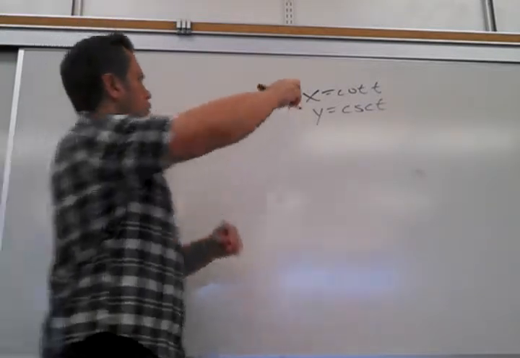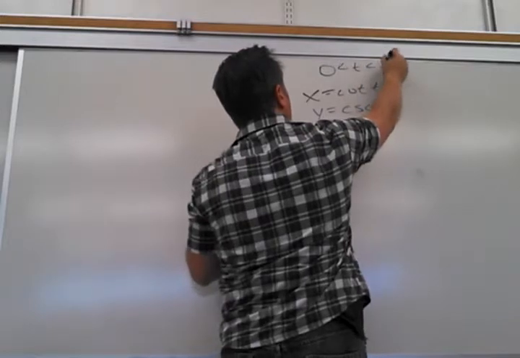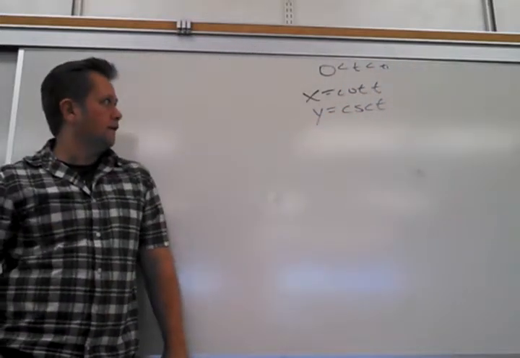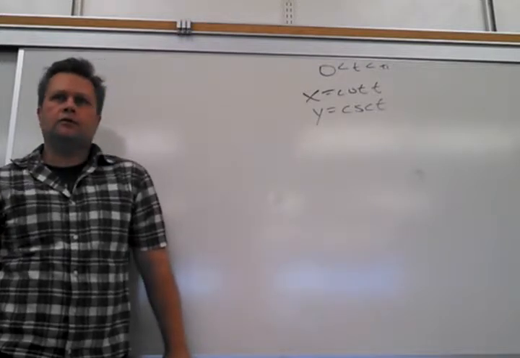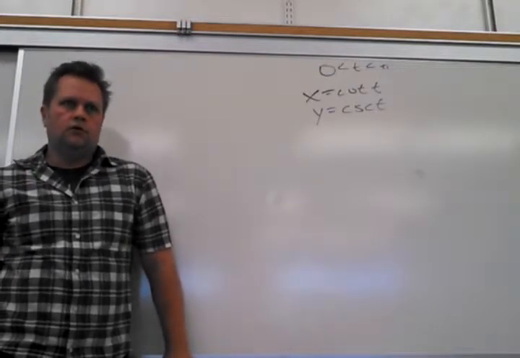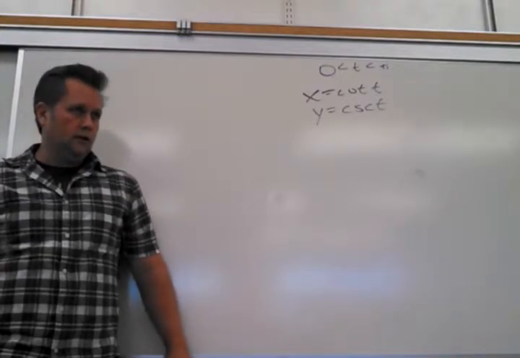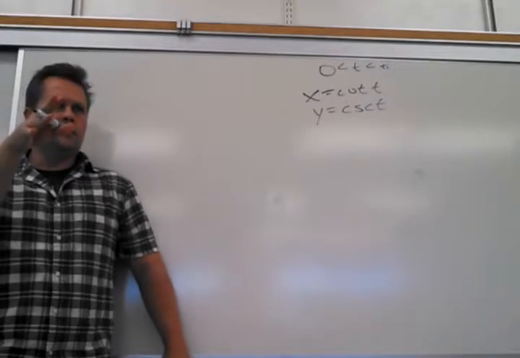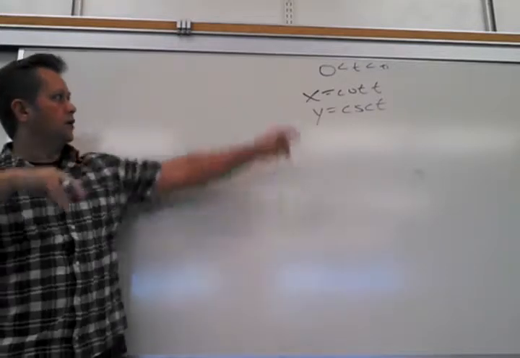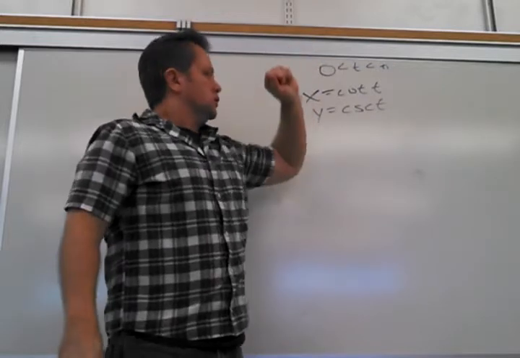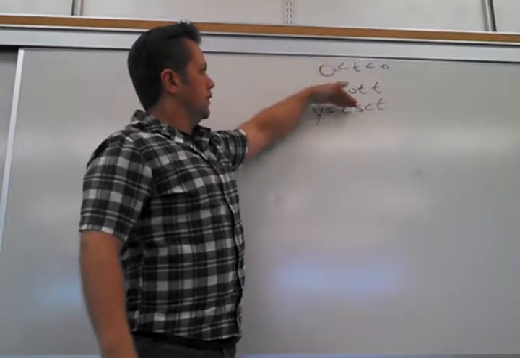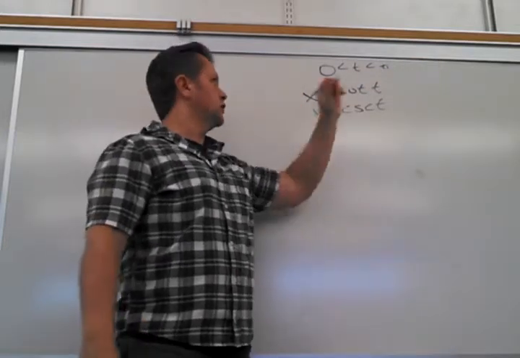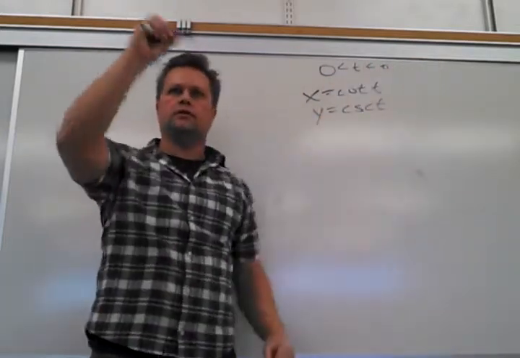So when you're doing the homework, they tell you that t is from 0 to pi. And of course, at 0 and pi, that's where cotangent and cosecant are undefined. I love it. That's why they don't allow it to be there. Cool. So it'd be easy enough to make a little TXY table to plug stuff in, right? You can use angles that you know or not. Just get decimals and go for it.